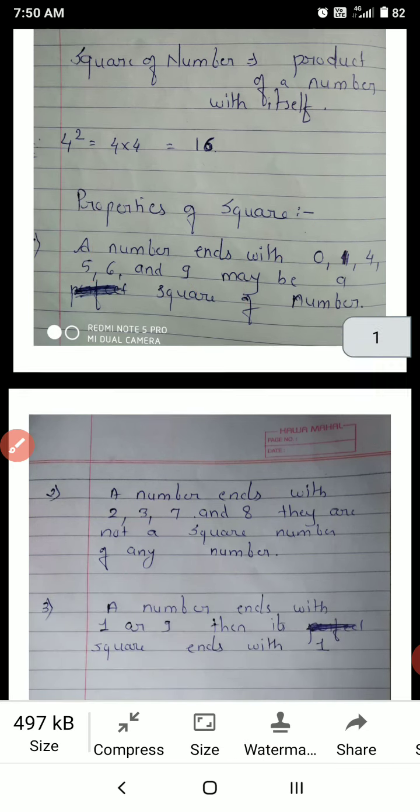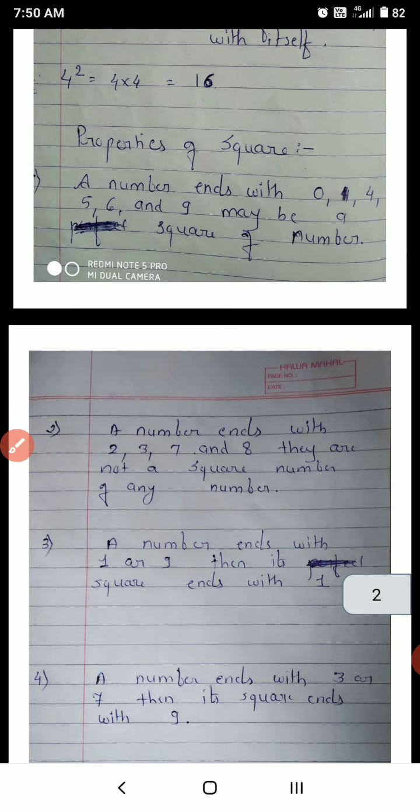But if your number is ending with 2, 3, 7 and 8, what? 2, 3, 7 and 8, so they are not a perfect square. Directly we can say that they are not a square of any number. Why?